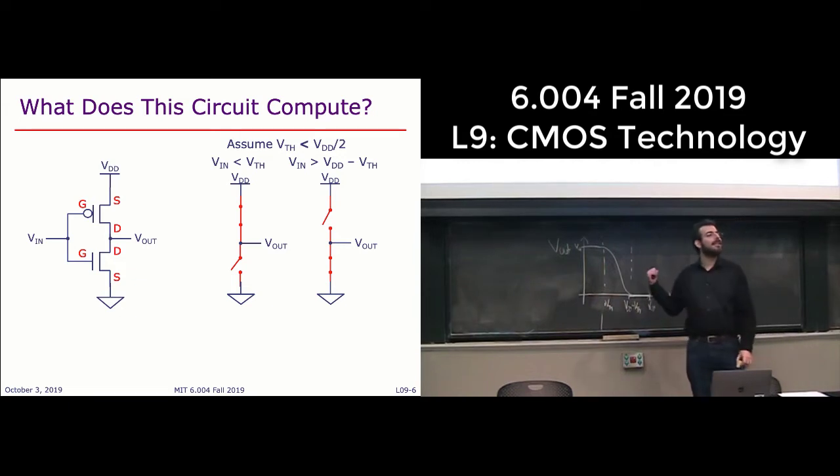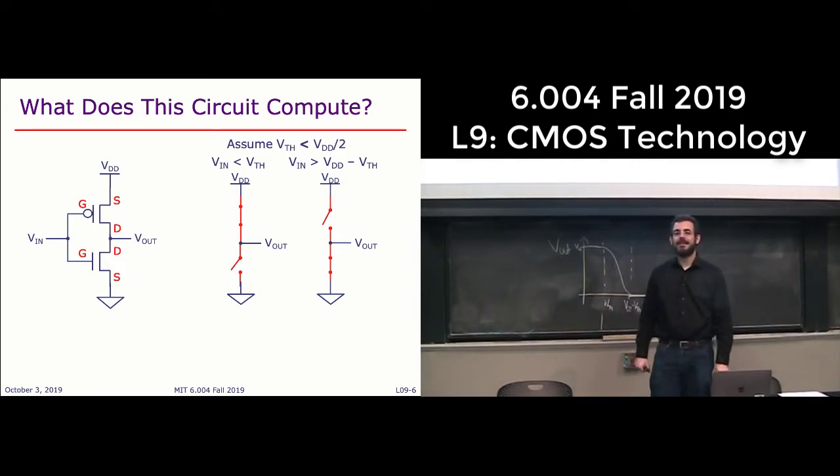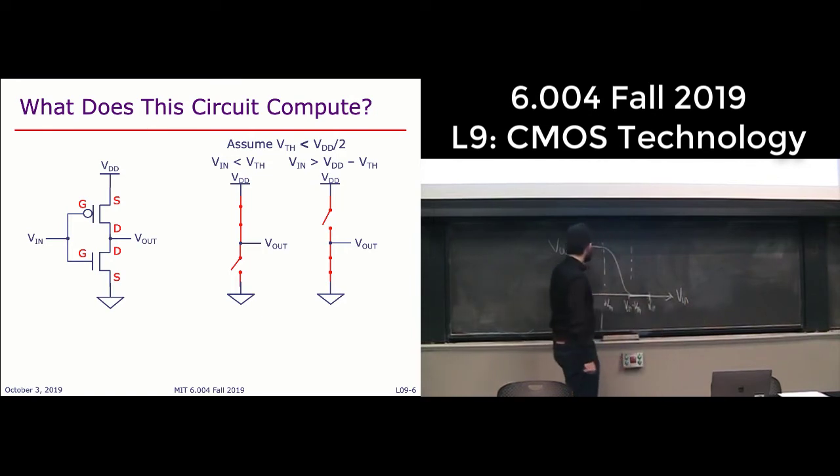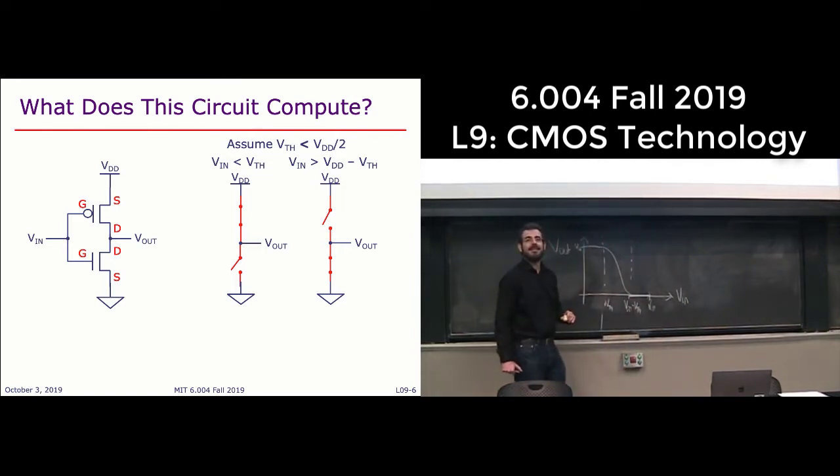Can you see why this is a valid VTC? What would I choose as VIH, VIL, VOH, VOL? So we get almost VDD and 0 at the output.